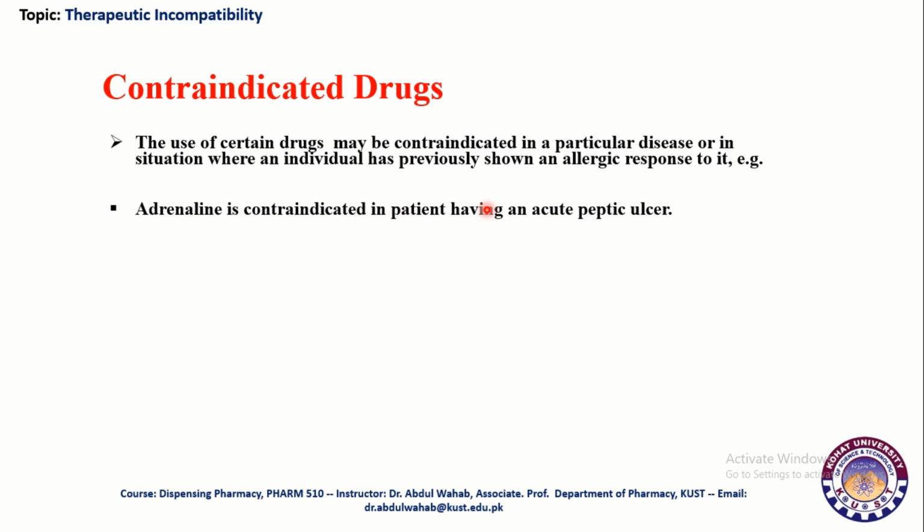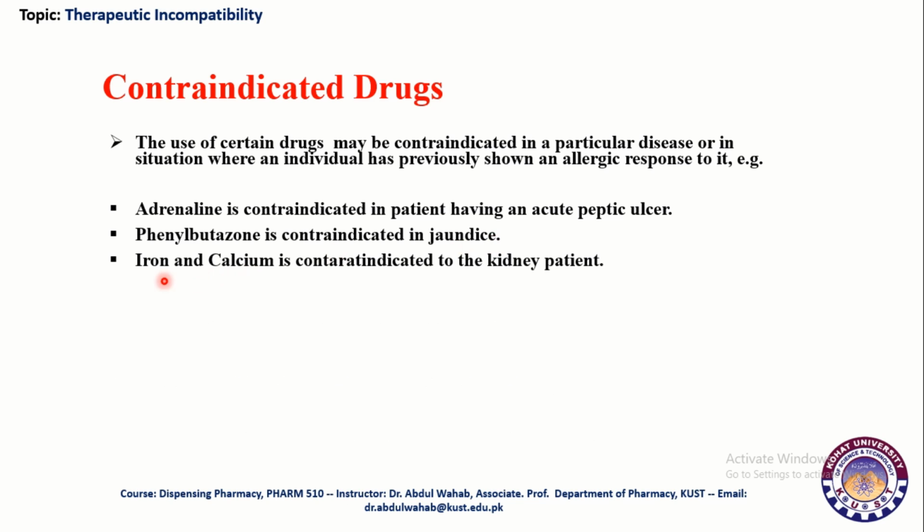So we can say that if a patient is suffering from acute peptic ulcer, then adrenaline should not be prescribed. Phenylbutazone is contraindicated in jaundice.